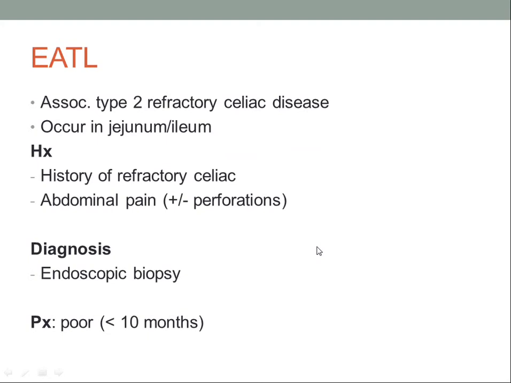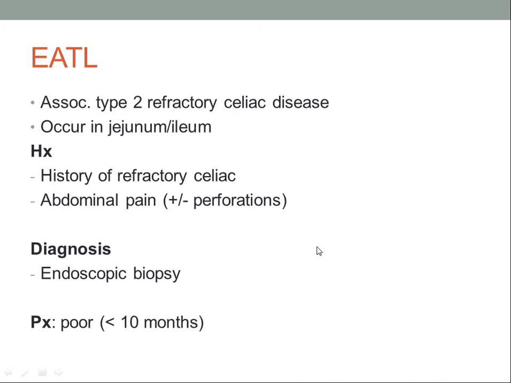Now, ETL, as we just mentioned, is associated with type 2 or monoclonal T cell expansion refractory celiac disease, and they usually occur in the jejunum or the ileum. Patients with ETL will usually have a history of refractory celiac disease, although this is not always true, as some patients may have had silent celiac disease, which remained silent until the development of ETL.